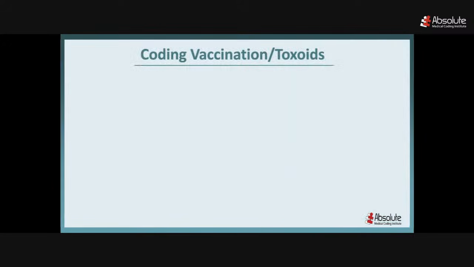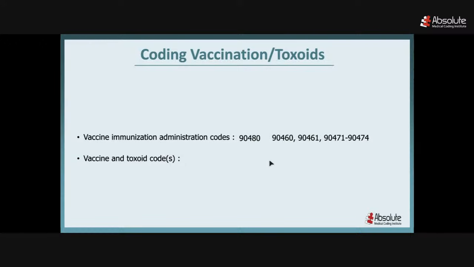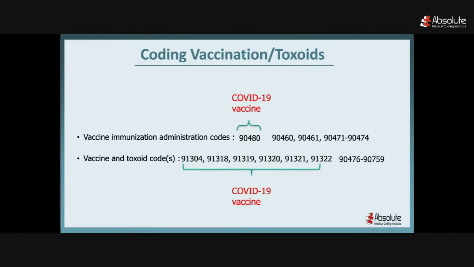Next, let's summarize the vaccine coding CPT for both COVID and non-COVID vaccines. The administration code 90480 is used for intramuscular injection of a single dose COVID-19 vaccine, and the codes 91304 and 91318 through 91322 are the COVID vaccine product codes.